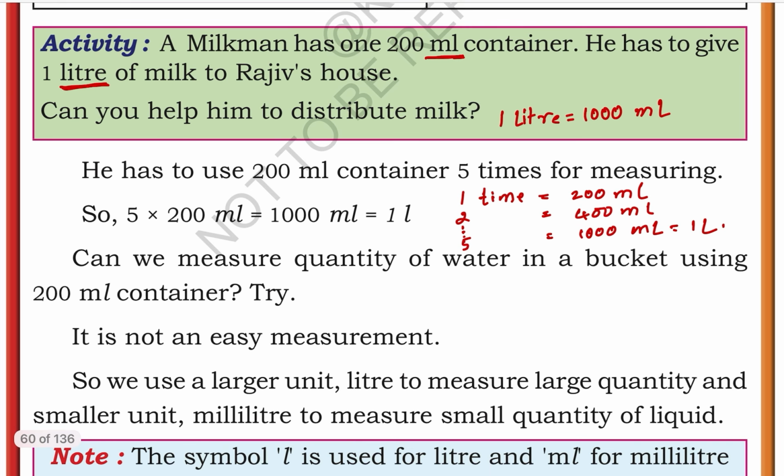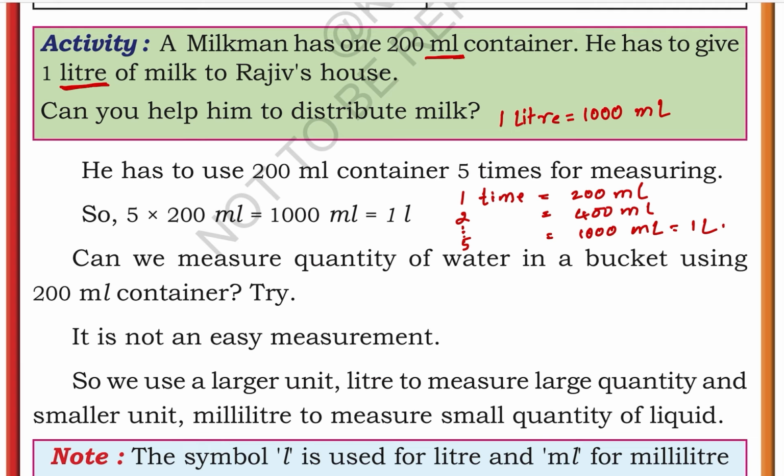Now, 1 liter is a very small quantity. So, in the 200 ml container, he poured 5 times and it becomes 1000 ml, which is equal to 1 liter, and the work is done. If I give the same milkman who has a 200 ml container a 50 liter bucket or 50 liter drum to fill with his milk, can he fill the drum with the help of the 200 ml container?